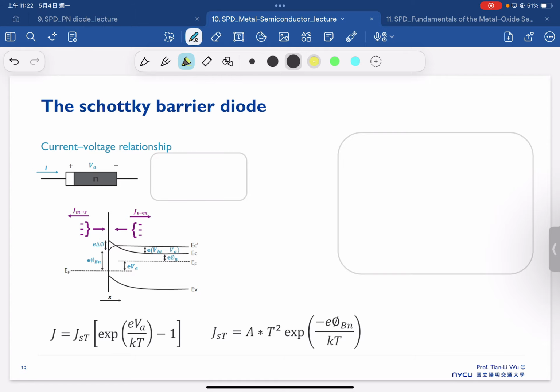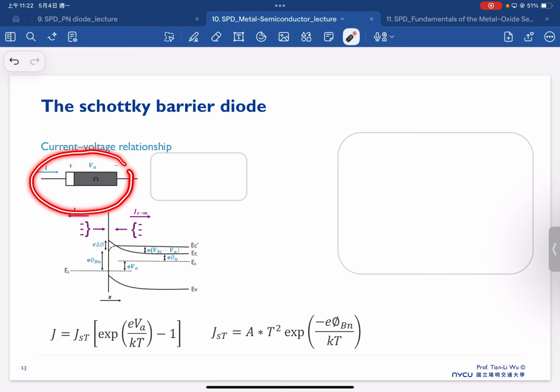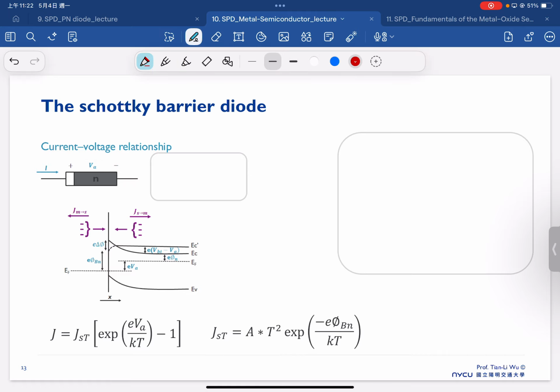Okay, so that's a typical symbol here. It's just a bit of a summary: this is a typical metal semiconductor junction with a Schottky barrier height, and the symbol for this Schottky barrier is shown here.